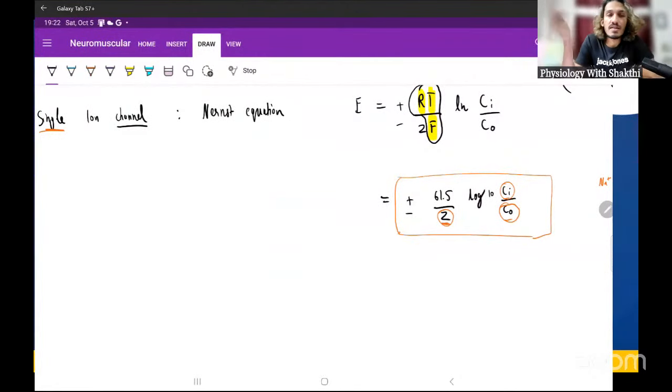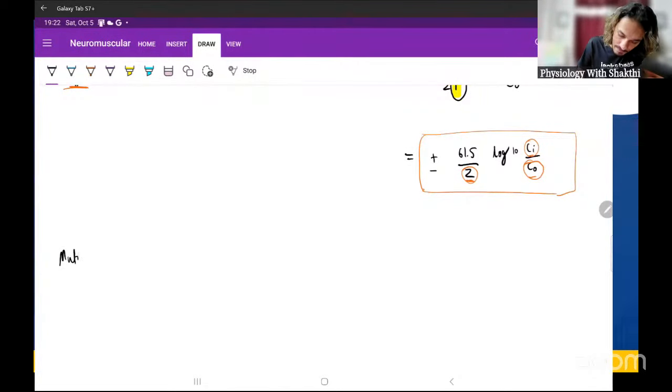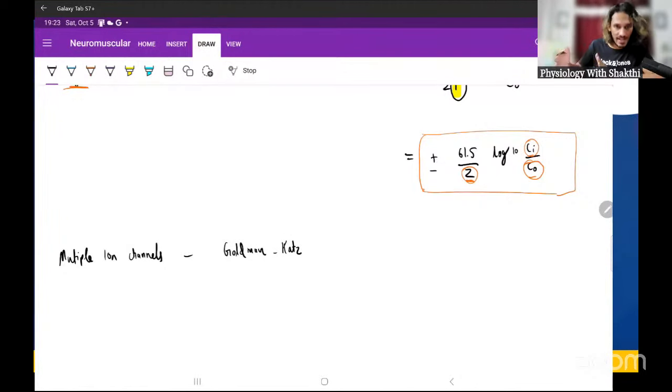But the thing is, if you take a look at the whole membrane, it's not only one ion channel which is there. There are multiple ion channels. So over there, there is increasing importance of permeability, relative permeability. So when multiple ion channels are present, use another equation which is called the Goldman-Katz equation, the Hodgkin-Goldman-Katz equation.